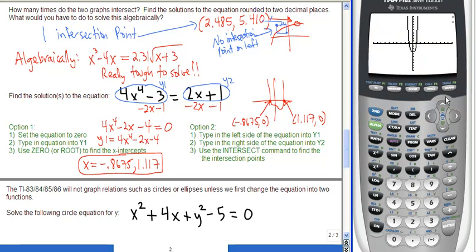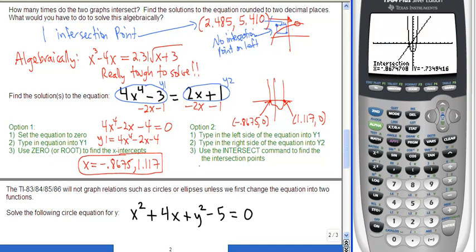My 2 solutions should match no matter what my equation looks like. So there's my 4th degree. There's my line. Let's try this again. So I'm going to do my intersect. So I'm going to do second trace, number 5, and I'm going to go to the left here till I get right over that left intersection point. Hit enter. Hit enter again for my second curve because I like where it's flashing. Hit enter again, and now that's much better because that matches the same x value that we got before.